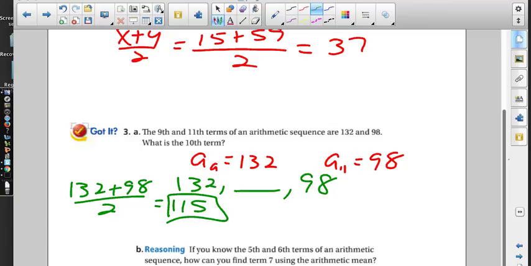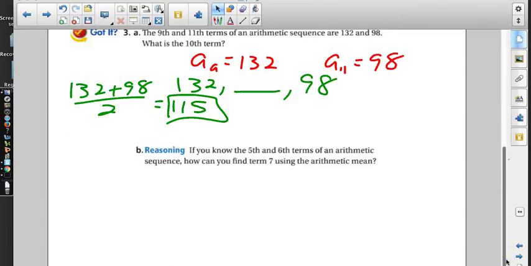Now, the second part of this says, what's the 10th term? So we have a decision to make. Either we're going to write ourselves a formula if we want the 10th one, or we're going to sit and think of this one recursively and find the 10th one. Talk to your partner about what you want to do and find the 10th term. We just did that.